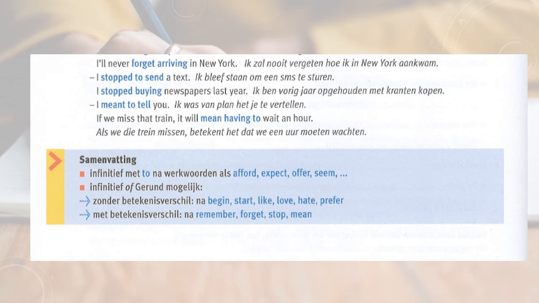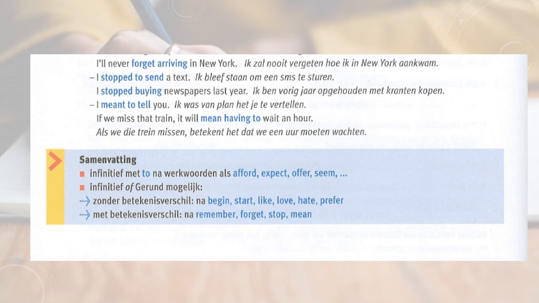So if we look at the summary, so first of all, you do have verbs like afford, expect, offer, seem. You can just look at the list that always have an infinitive, that never have a gerund, okay? Secondly, there are verbs that can have an infinitive or a gerund.